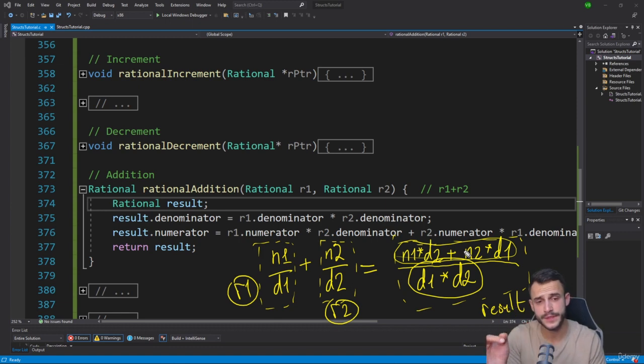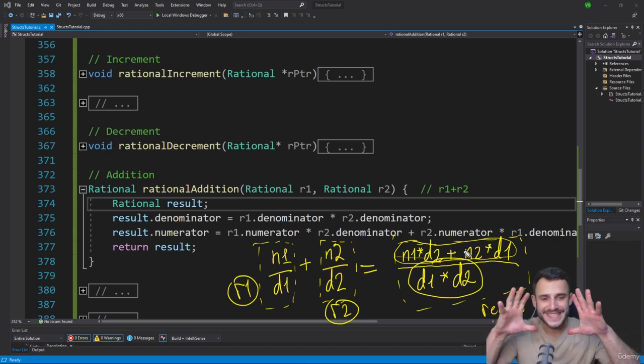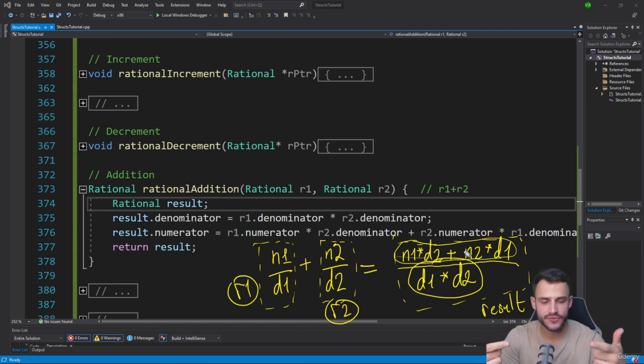There are rules for working with rational numbers. We just need to understand them and then use these rules to construct and develop different functions in our programming language. Okay? So that's it about rational addition. And we return, the return type is rational because we return some variable of type rational.